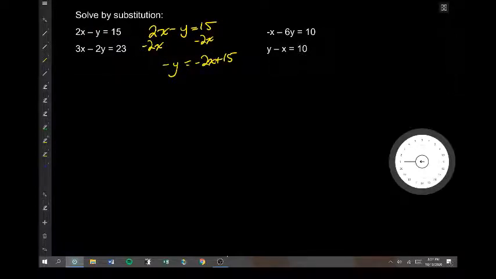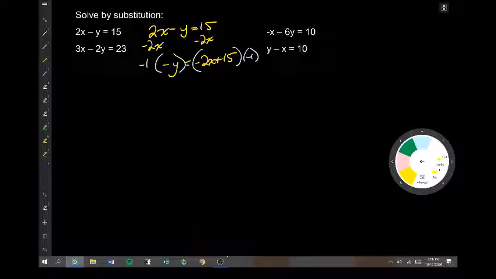We care what y is. So I'm going to multiply both sides by negative 1. If you want to, you can also think of it as dividing both sides by negative 1. It doesn't matter to me because that's the same thing. You could also just change the sign of everything. We get y equals 2x minus 15. Okay, I have now solved for y.